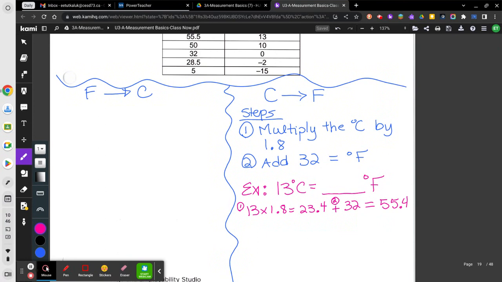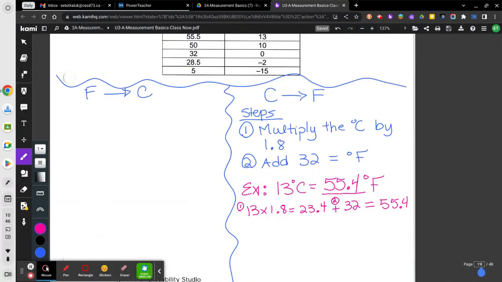55.4. You round to the nearest degree, so it's 55.4. Okay, if they wanted you to round to the nearest degree, this one's giving us the 0.4 though. So if they give us the 0.4, what would it round to?